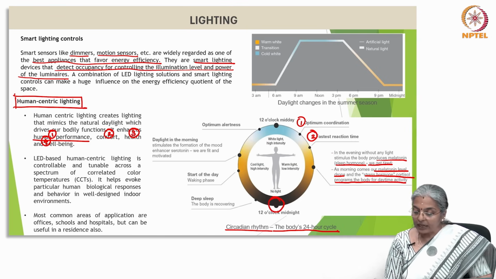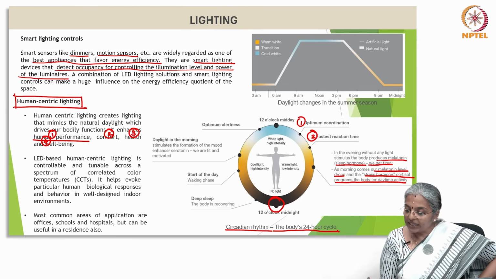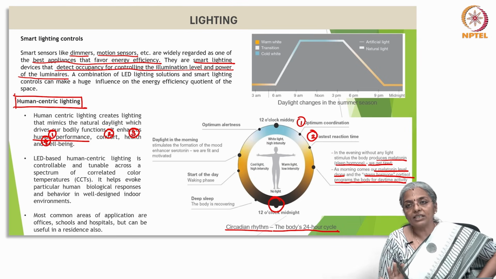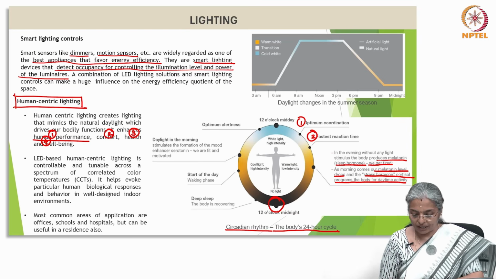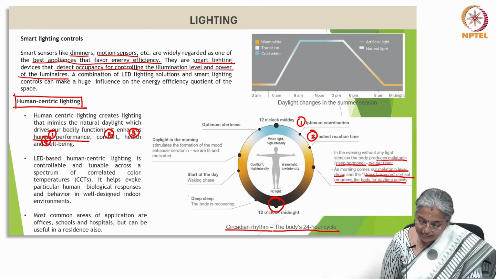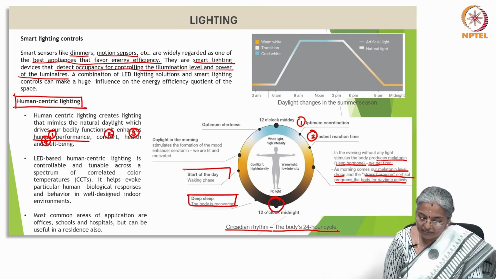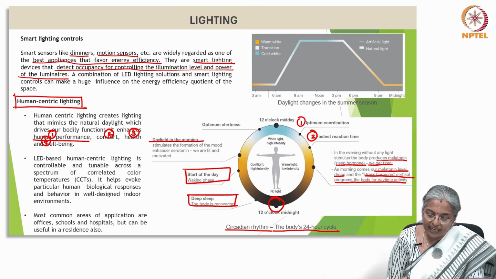At night, the light levels actually influence the circadian rhythm and the melatonin and cortisol production. This gives us deep sleep state, and then in the morning we start the work during daylight.